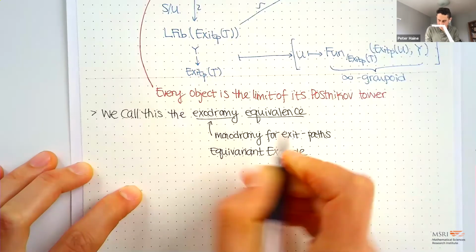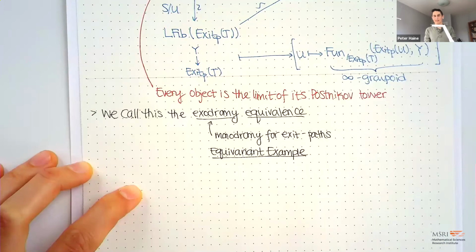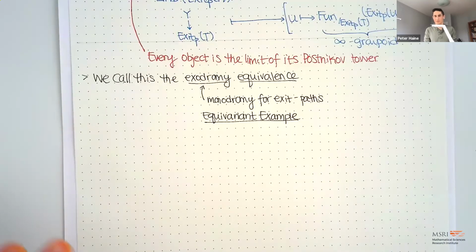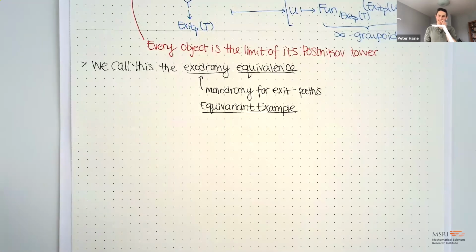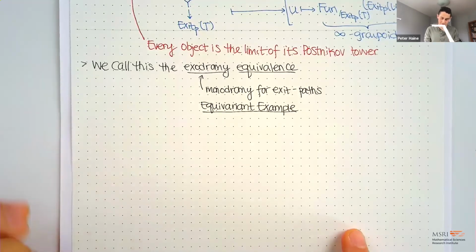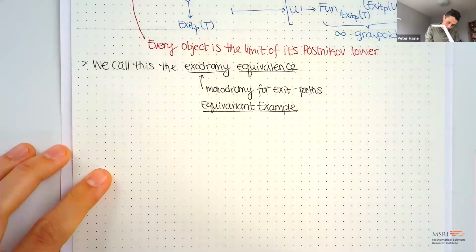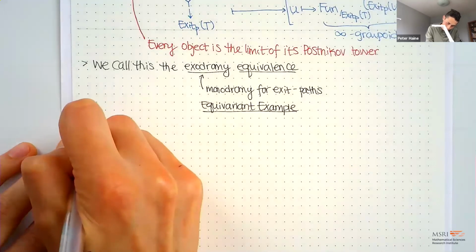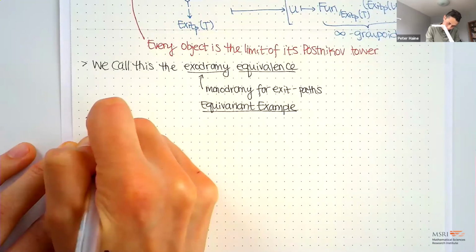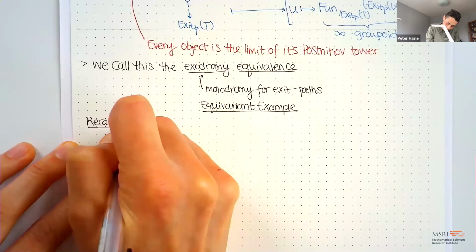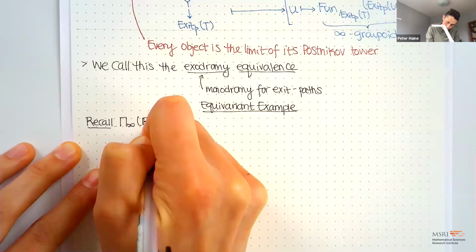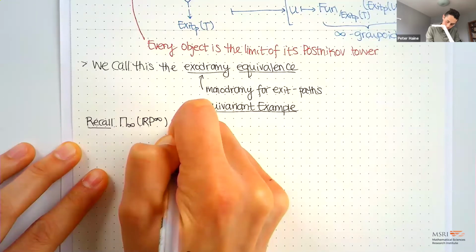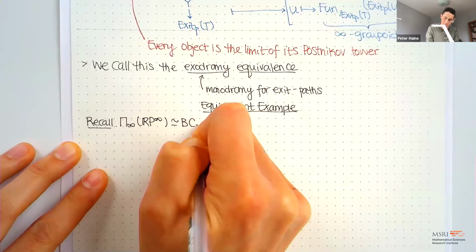Here is a kind of cute example that connects this stuff to equivariant homotopy theory. I'm going to do this in a specific case and then say a little bit about generalizing it slightly. So recall that the underlying homotopy type of the topological space RP infinity is a classifying space for the cyclic group of order 2.